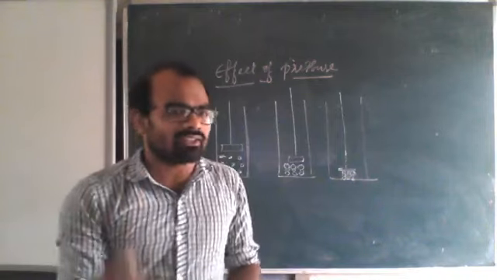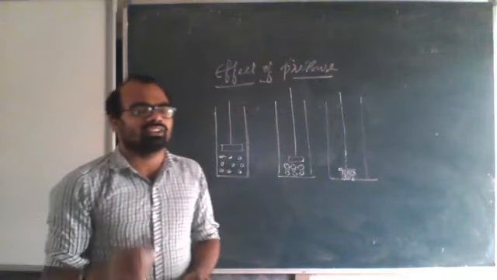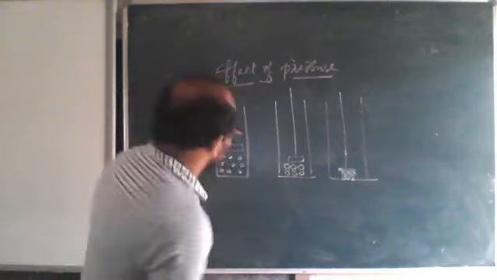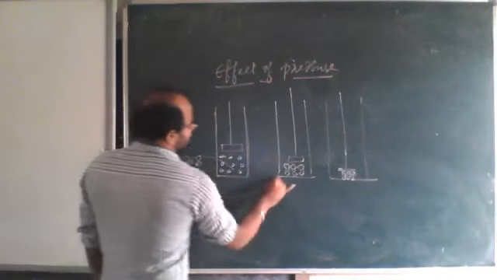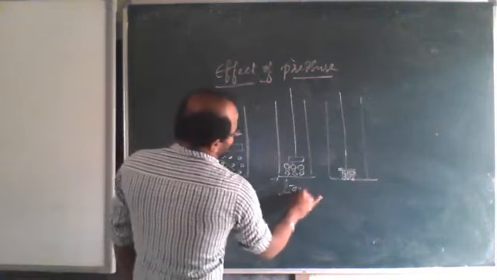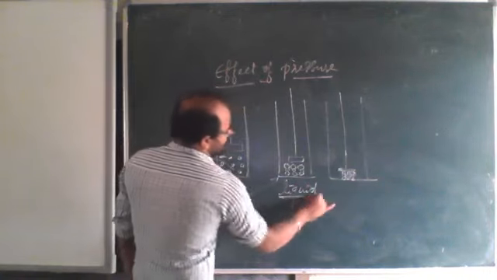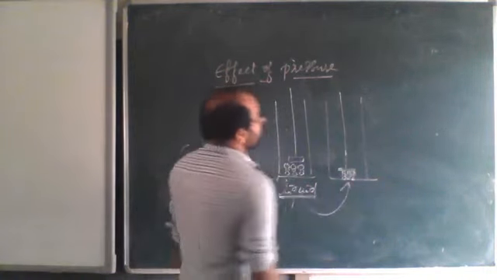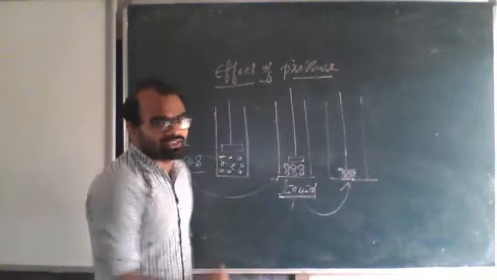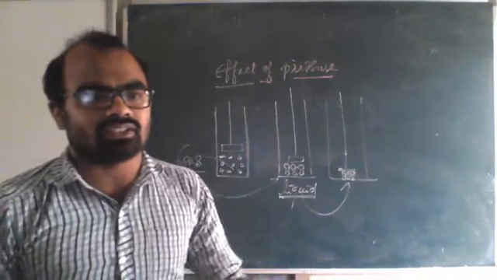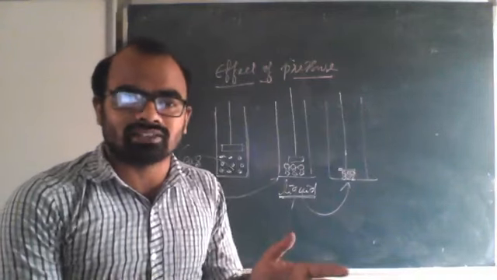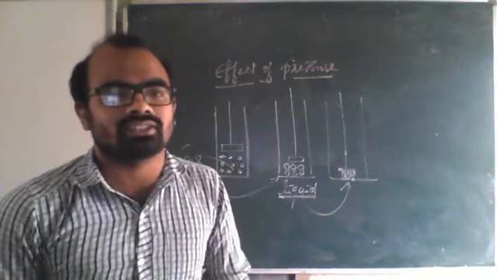When the particles come closer, the state changes. Suppose this is gaseous state, if you apply pressure, it will convert to liquid state. If you apply further pressure, it will convert to solid state. As you already know, in gaseous state the interparticle distance is more.